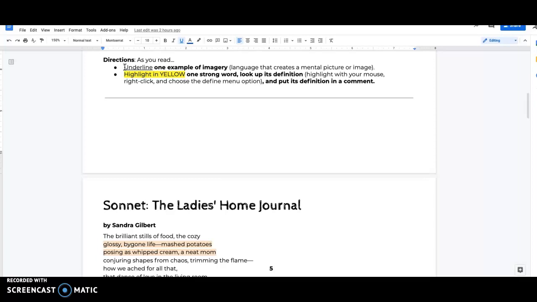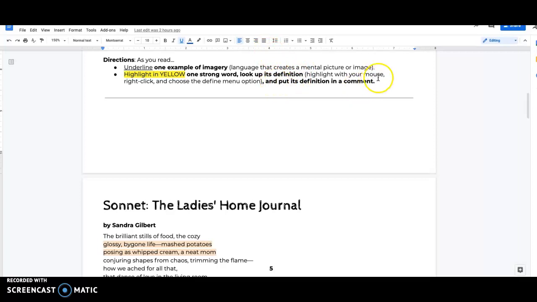Imagery is language that creates a mental picture or image. So you want to underline a line or two where she describes something that you can really see clearly in your mind. The second thing you need to do is highlight in yellow a strong word, look up its definition, and put that definition in a comment.